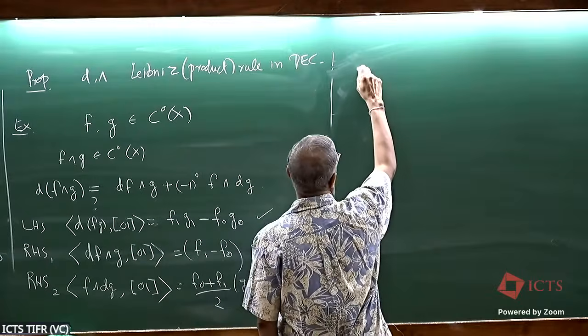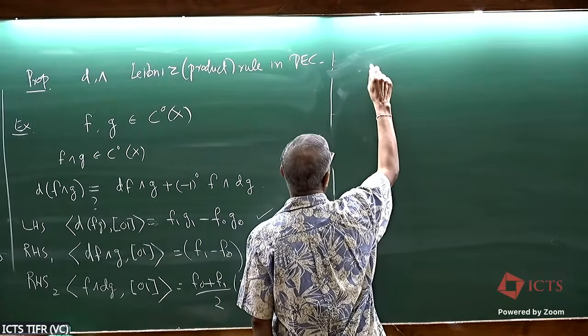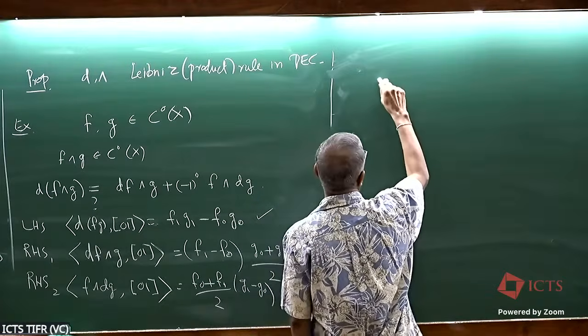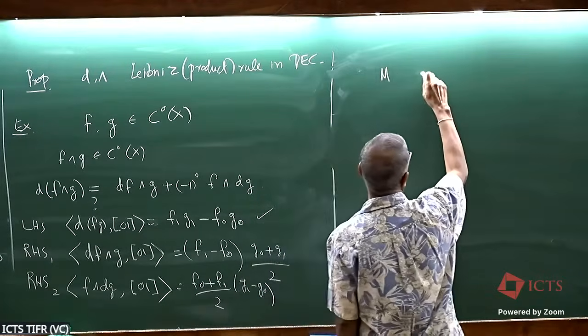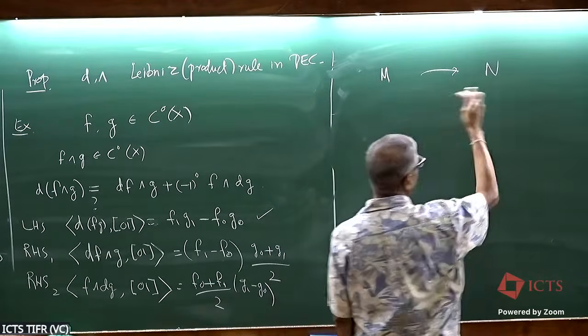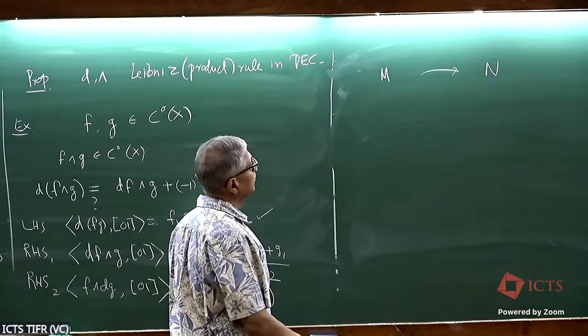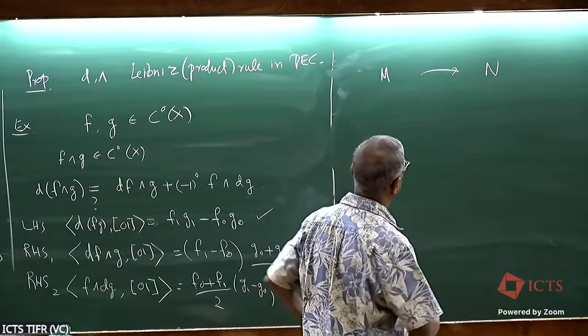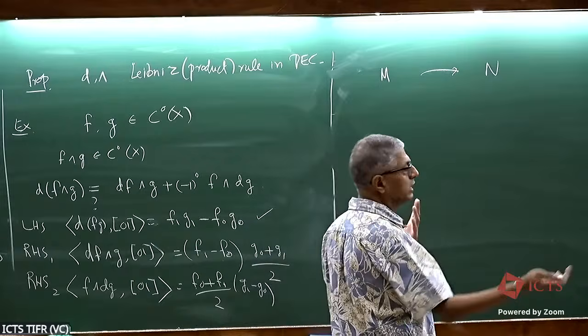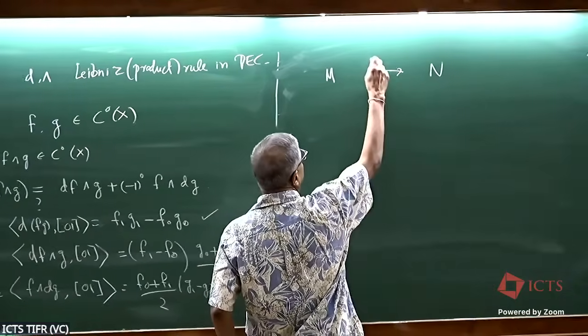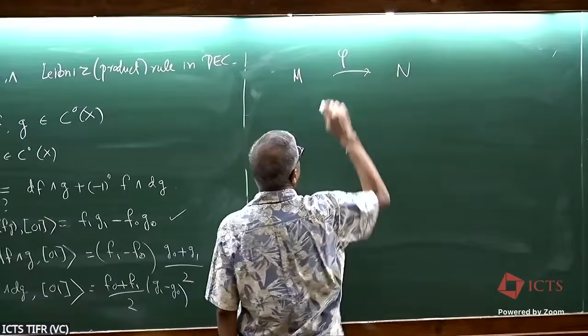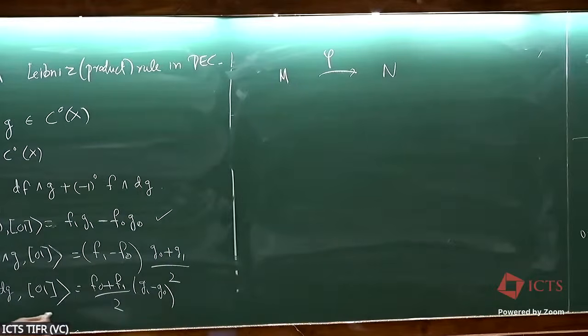This description is that suppose you have a manifold M and a manifold N. Think of two surfaces, or maybe two things of different dimension, it doesn't really matter. And let's say you have a smooth map. You have to read Lee to understand what a smooth map is, but okay.